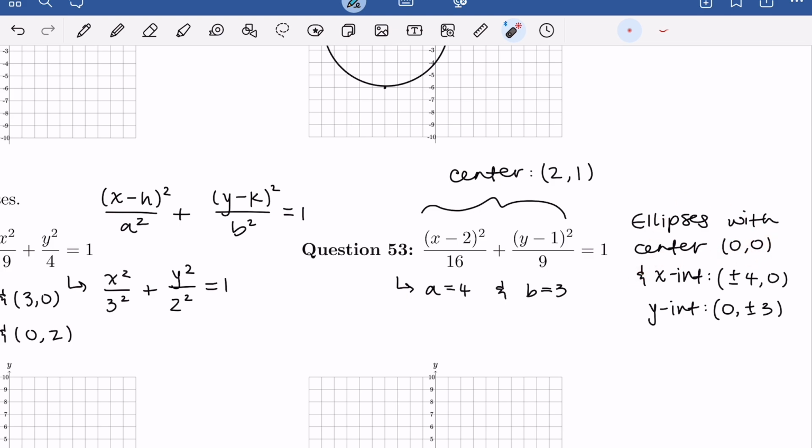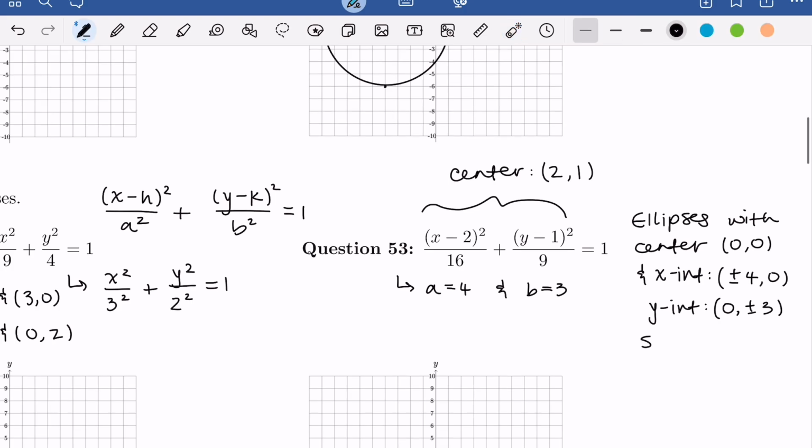However, what's going to change is that we're going to take these 5 points and shift them based off of this center. So this is an ellipse with center at the origin and x and y intercepts here, that's going to be shifted 2 units to the right, since our x value here is positive 2, and 1 unit up since our y value is positive 1.